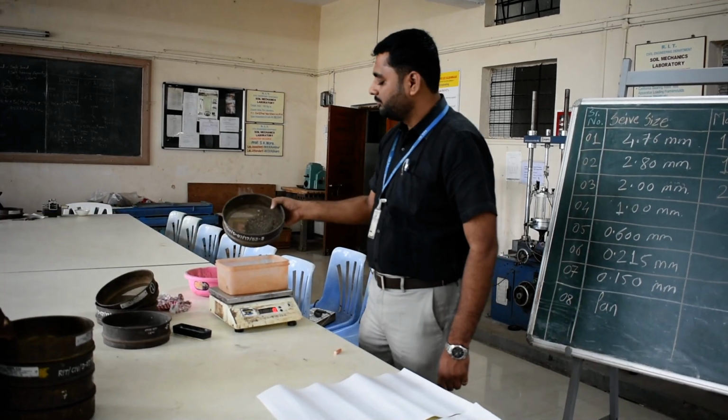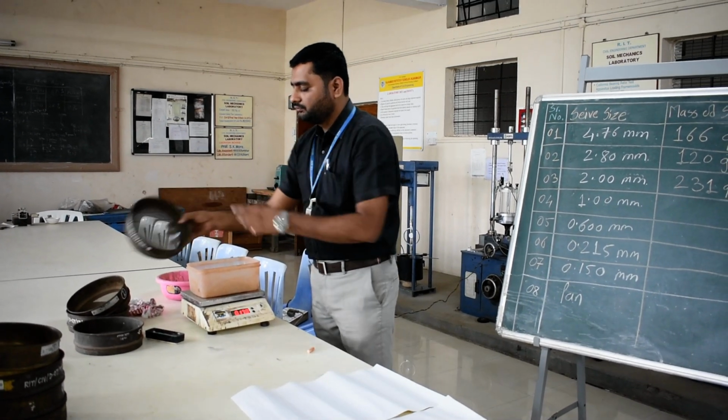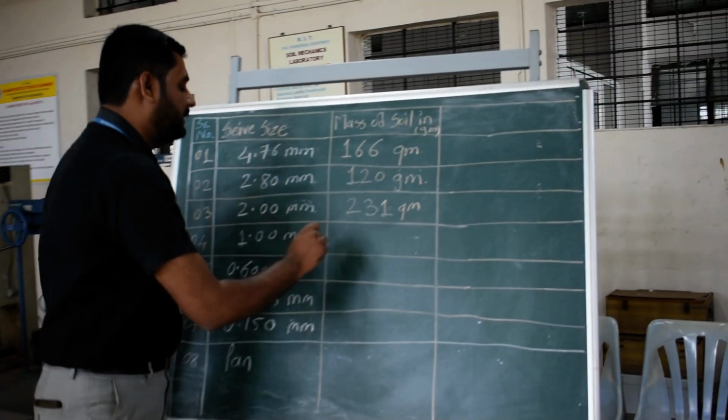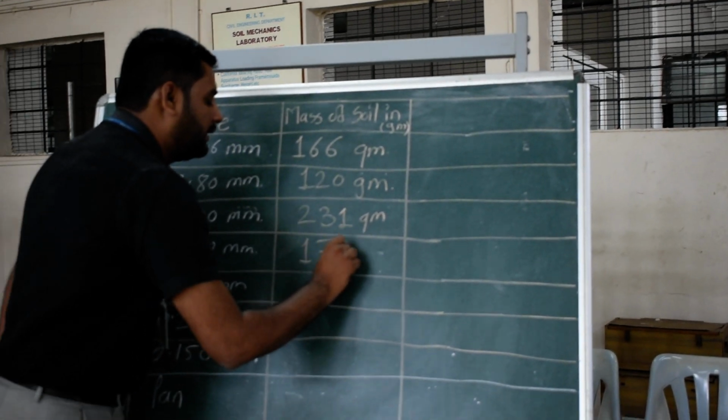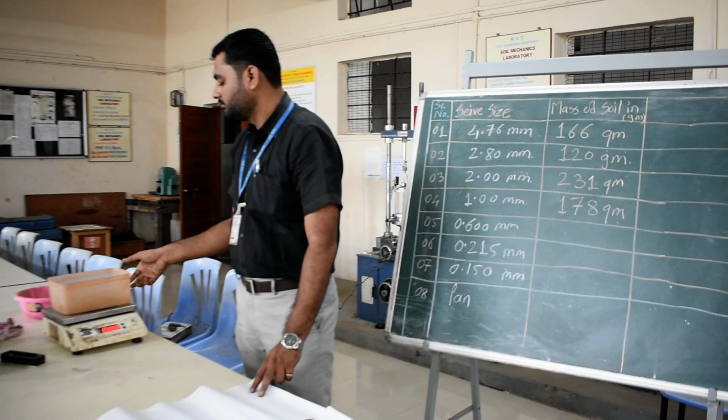Now this is the 1 mm sieve. On 1 mm, 178 gram of the soil sample is retained, so I should write 178 gram.